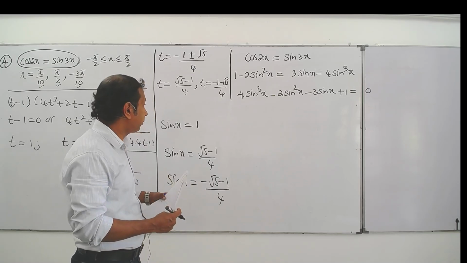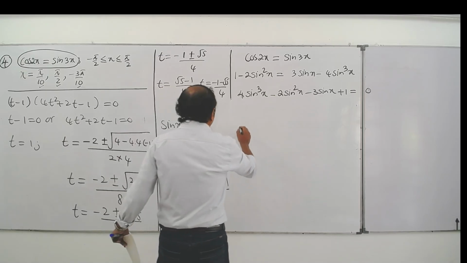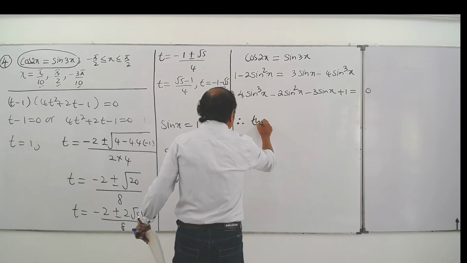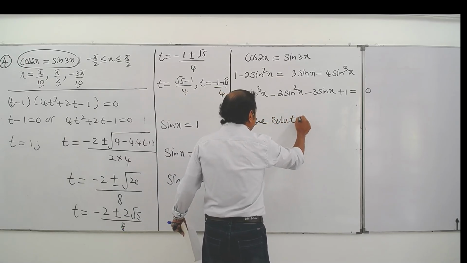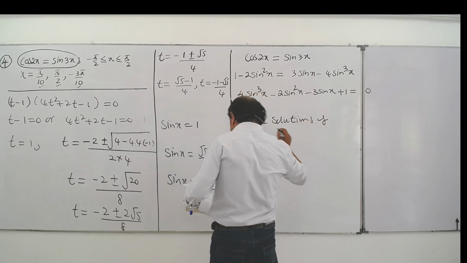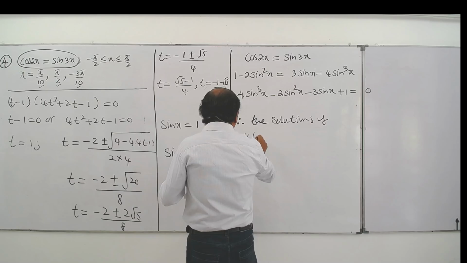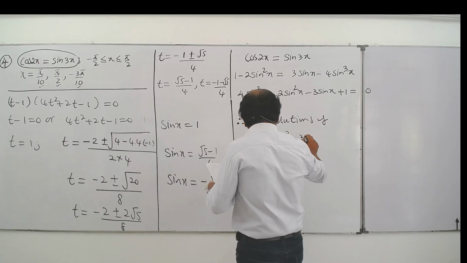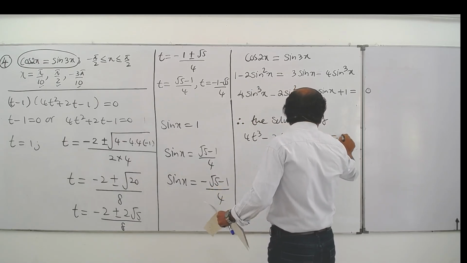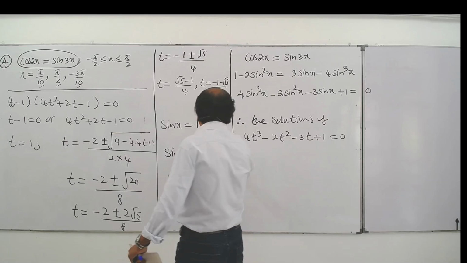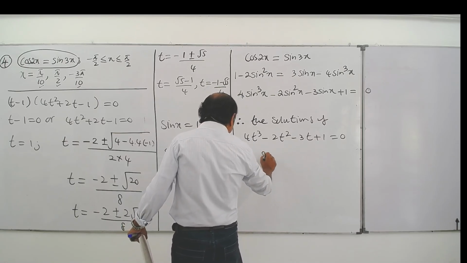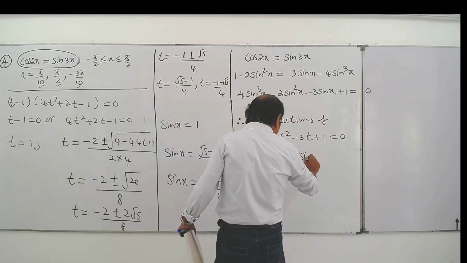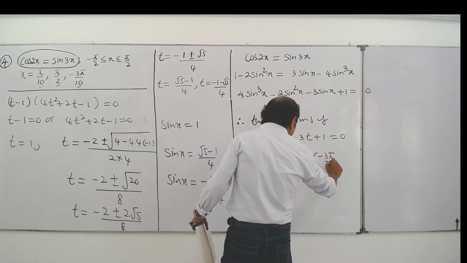Then you can write, therefore, the solutions of 4t cube minus 2t squared minus 3t plus 1 should be equal to what? Is 1 and sine pi by 10 and sine minus 3 pi by 10.